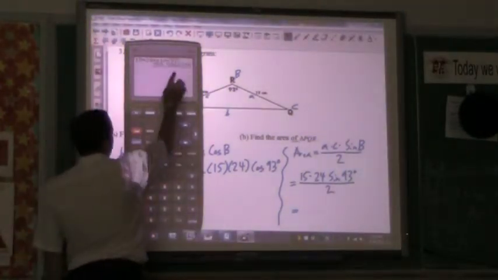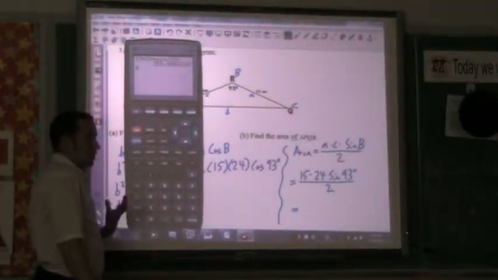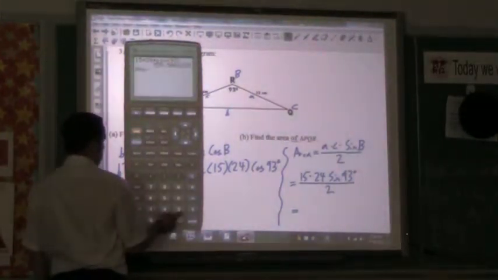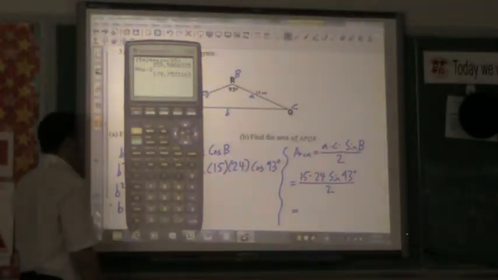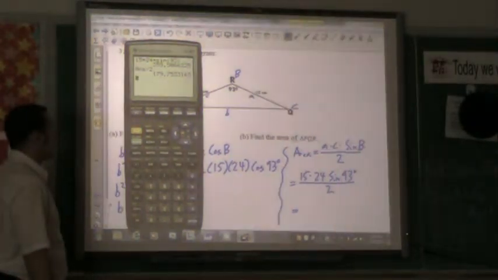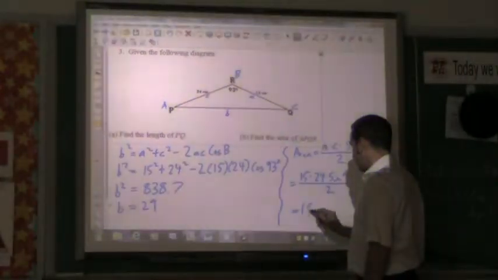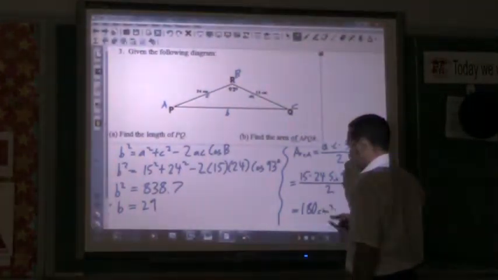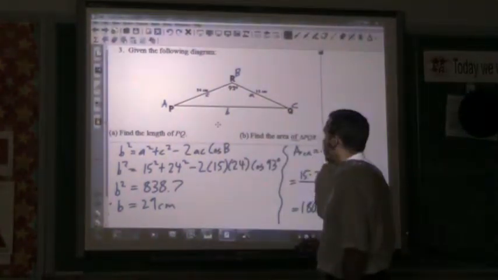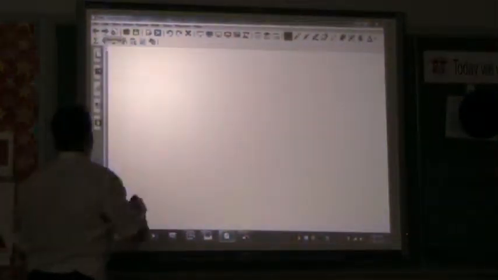It would just divide the sine of 93 by 2, and your answer here would be much larger than what it's supposed to be. So now I'm going to take that answer, divide it by 2, hit enter, and I get 179.75. So I'll just round that to 180. So my answer is 180 over 4.